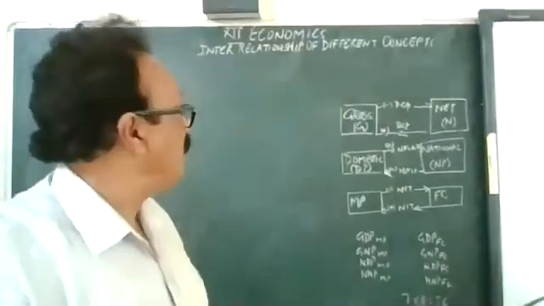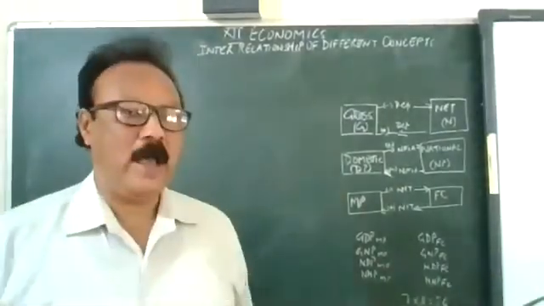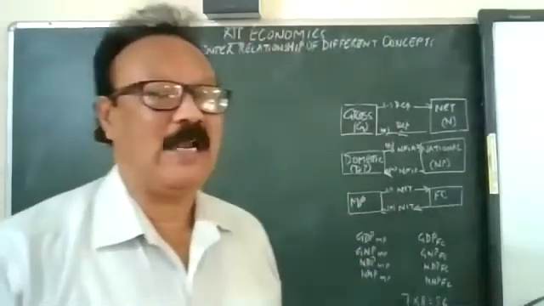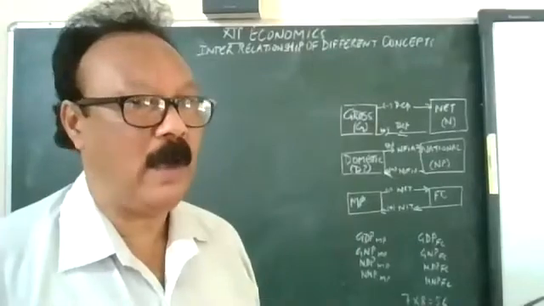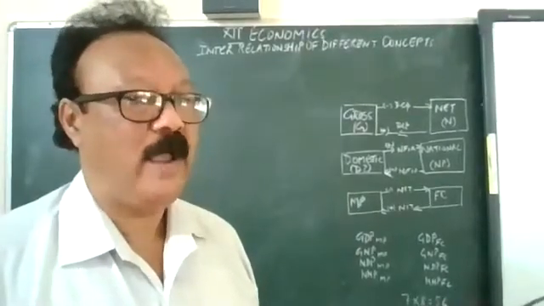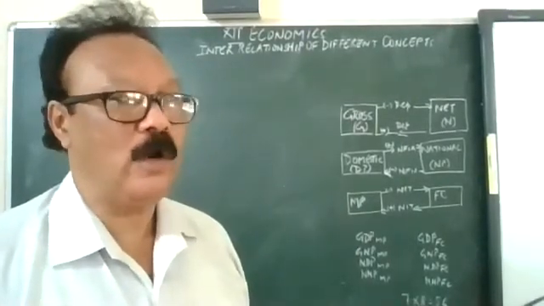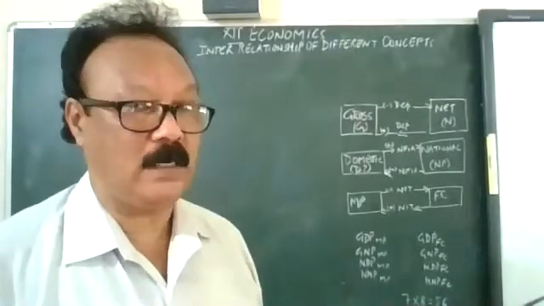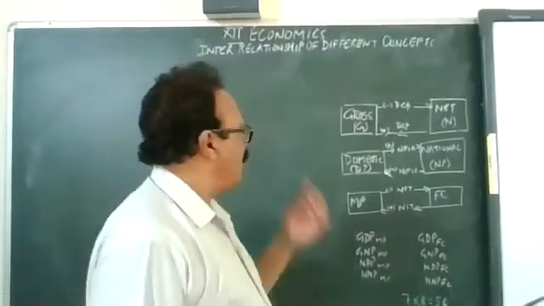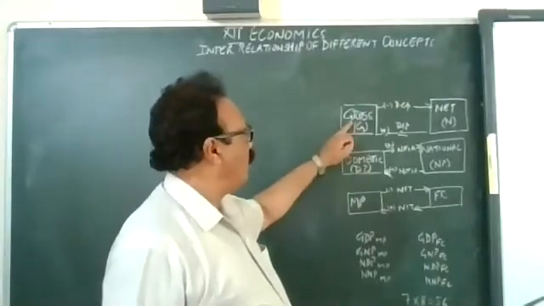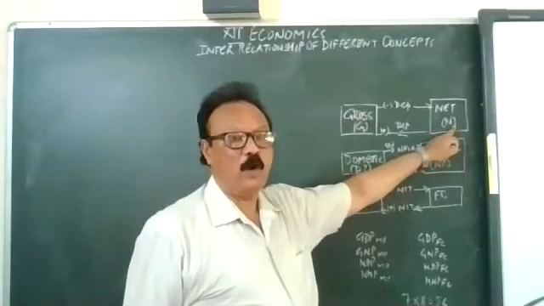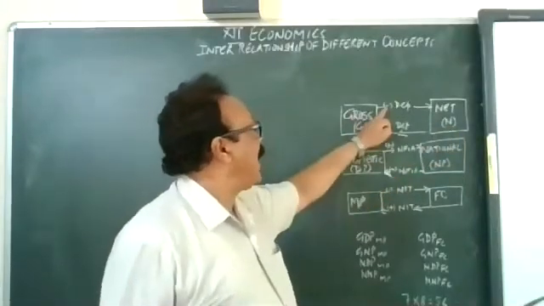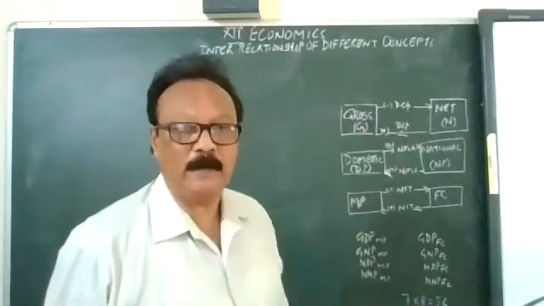Yesterday, I had given you this diagram which will help us to calculate any aggregate without having to learn by heart. It's a slight trick, and if you understand that, you don't need to learn by heart. Yesterday I had said, when we have to go from gross to the net value, we would minus depreciation.